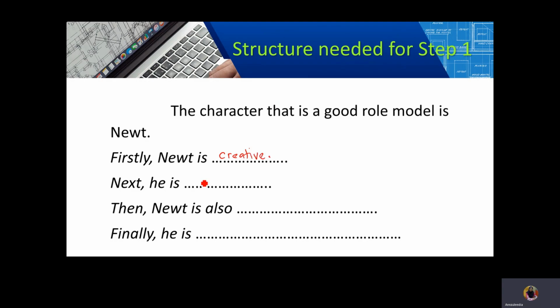Next, he is selfless. Next, Newt is also brave. And finally, he is responsible. Okay, so we have 4 characteristic traits and a possible 4-paragraph answer.